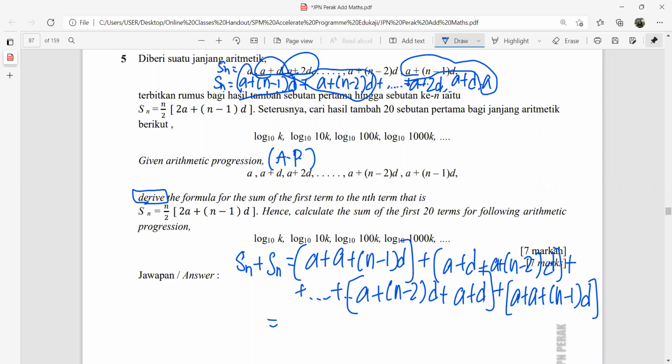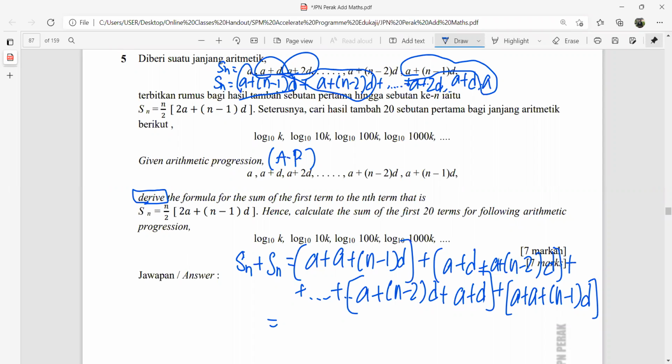I need you to see carefully how to do it. Okay, can you see Sn plus Sn equals to how many Sn? 2Sn, right? 2Sn.